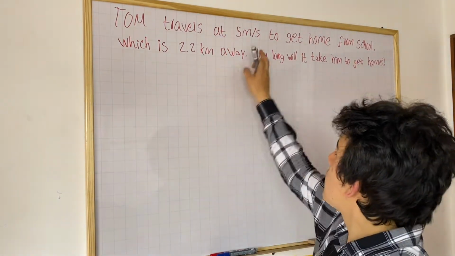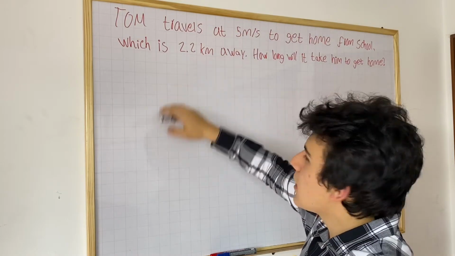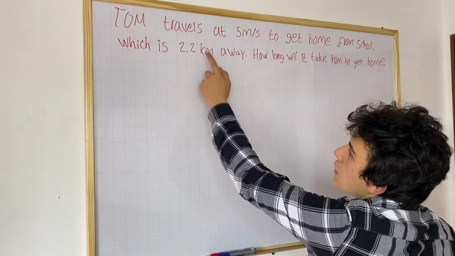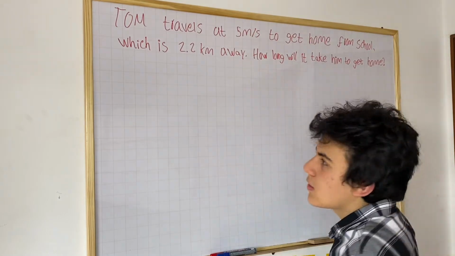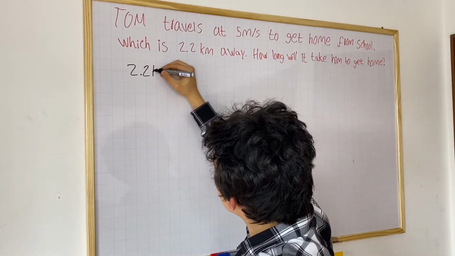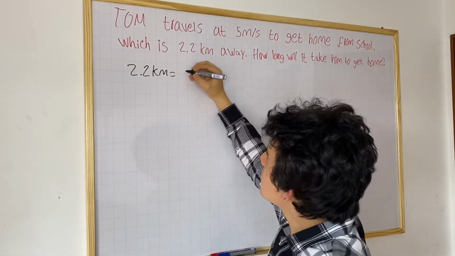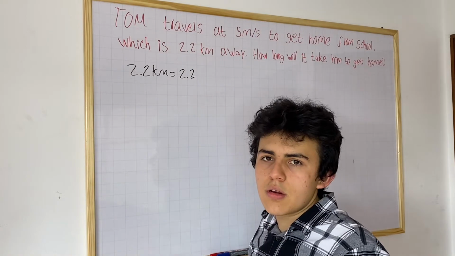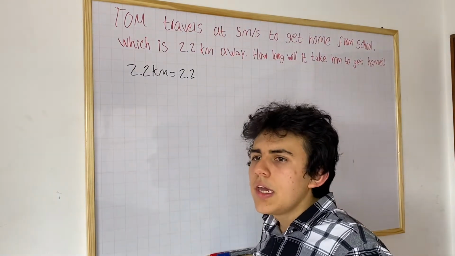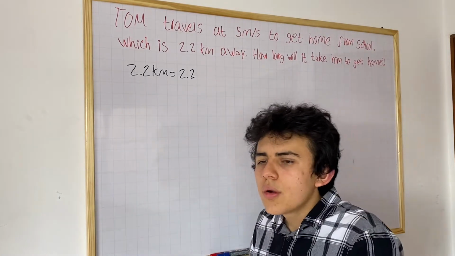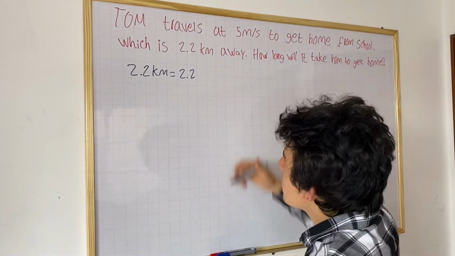So first of all, we know that the units that we have are not the same, so we need to change them. I'm going to move kilometers to meters in this case. So we have 2.2 kilometers is the same as if we had 2.2 groups of 1,000 meters. Remember, a kilometer is 1,000 meters, and in this case you have 2.2 groups of 1,000 meters.